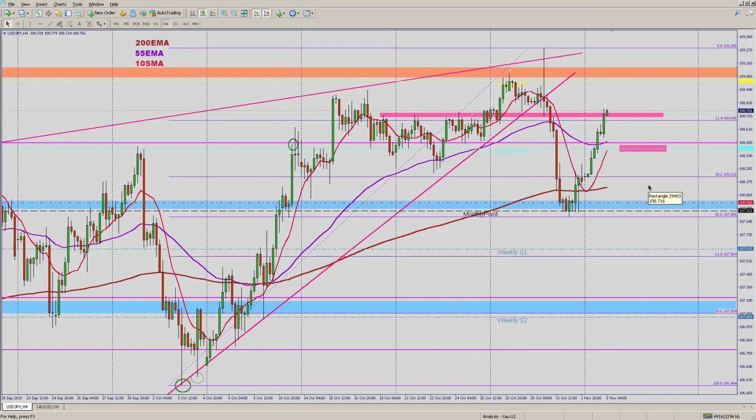So later tonight there's also US ISM non-manufacturing PMI, so we'll need to watch out for that, although it should not be too significant, and we'll see during the US trading session whether this bullish recovery will continue for the dollar yen, and whether spot gold will continue to retrace lower.